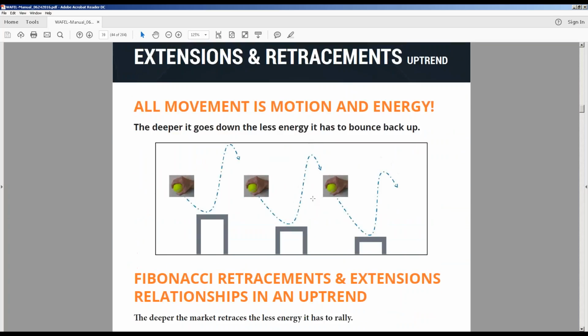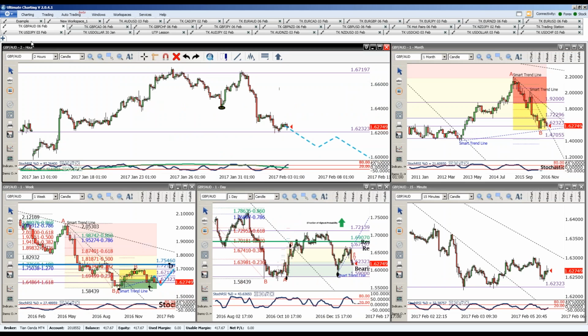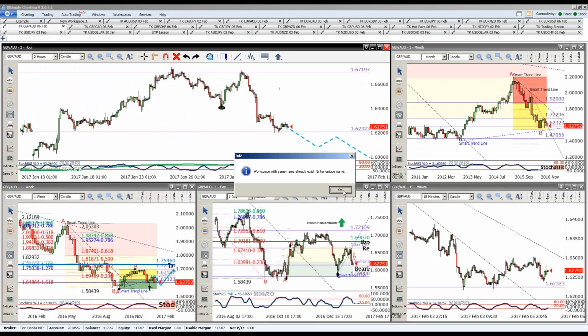Right, now all movement is motion and energy. The deeper it goes, the less energy it has to bounce back up. So if you see a deep retracement, then potentially the market will consolidate. To give you an example, let's open up a new workspace over here. Oh, there's another workspace.